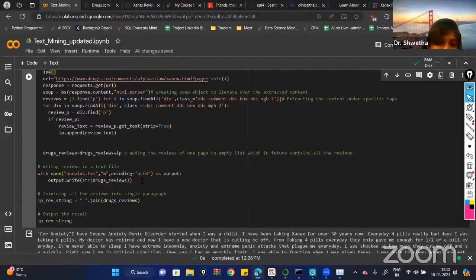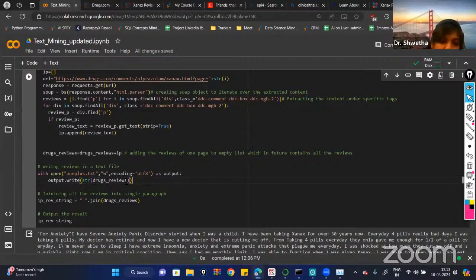Once it is stored in the list, you are writing it into a text file. For that, we'll open a text file. With open, the name of the text file is oneplus.txt. w indicates we are writing in the file and encoding is UTF-8. So as output, we are giving the drug_reviews string in the output.